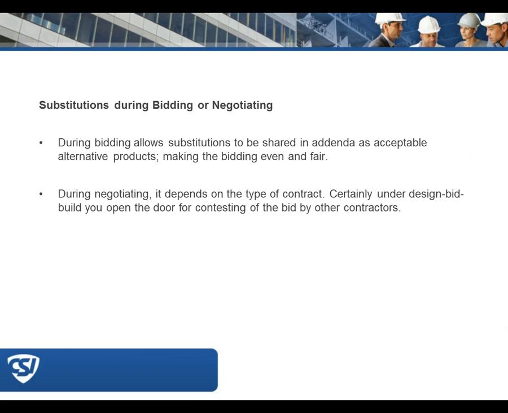Many of the firms out there will allow substitutions in the bidding process because they are able then to issue addenda that say this product is acceptable. We've taken a look at it as an alternative product or method, and we issue that to all the people who are plan holders to make the bidding process even and fair.